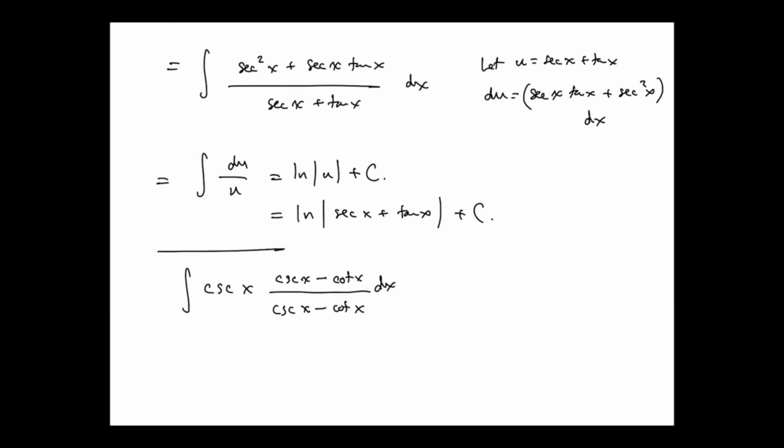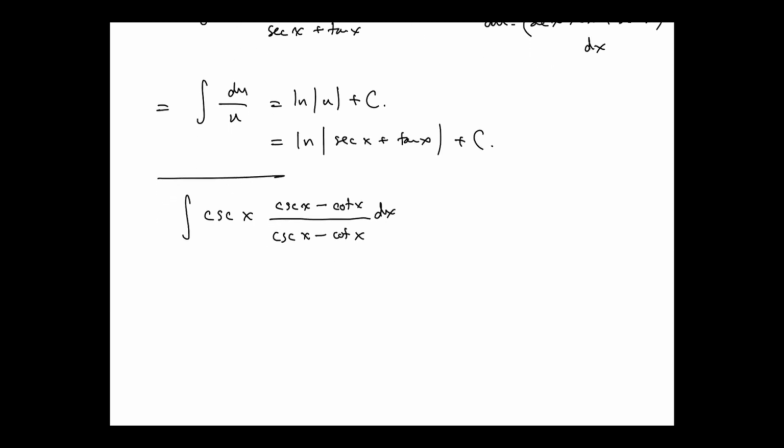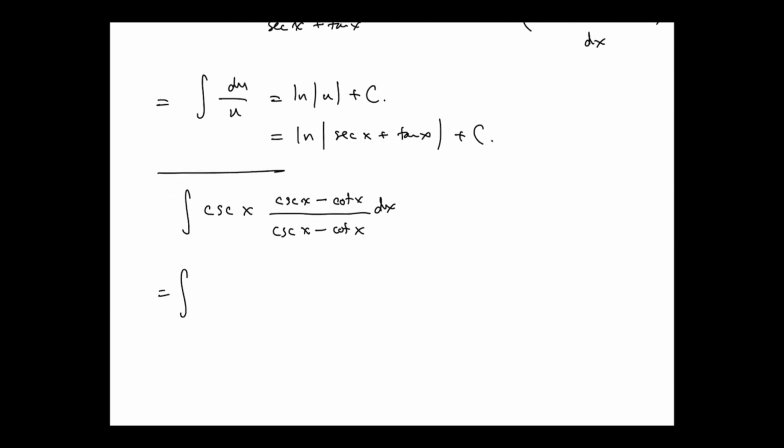Now why do we need the minus there? Well, we could have also done cotangent minus cosecant, and that would have worked also. But we need the two terms there to have opposite signs because if I multiply all this out, what do I get?